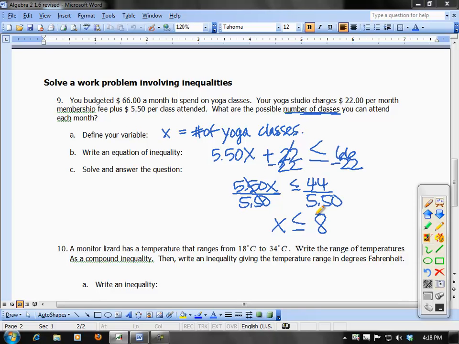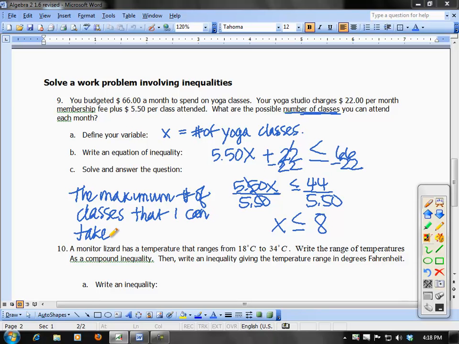And the reason for that being is it says answer the question. So when you answer the question, what I would say is the maximum number of classes that I can take each month is 8.